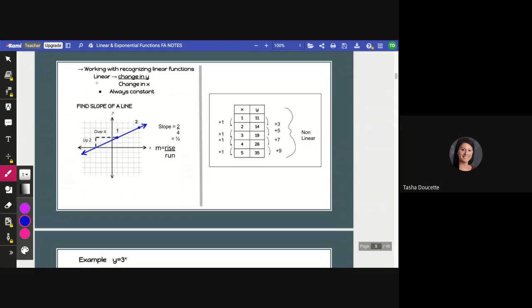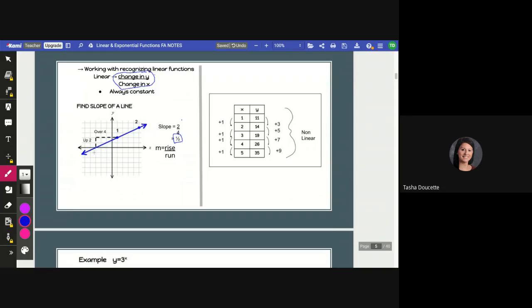Here we have a linear line, and to find the equation of a linear line, we're using your slope formula, which is your change in y, y2 minus y1, over your change in x, x2 minus x1. And that's your slope. That's how you recognize a linear function. It is always constant. It's never going to change. So if it does change, your line would not be straight, because that means your slope is changing somewhere in there. For this slope, we have 1/2. 2 over 4 is 1/2.